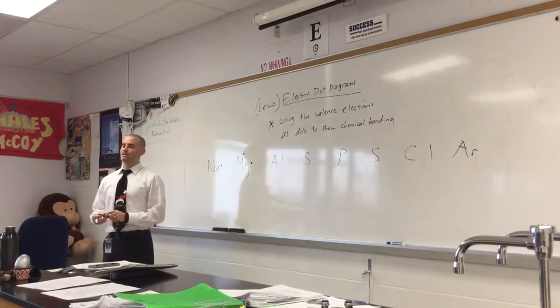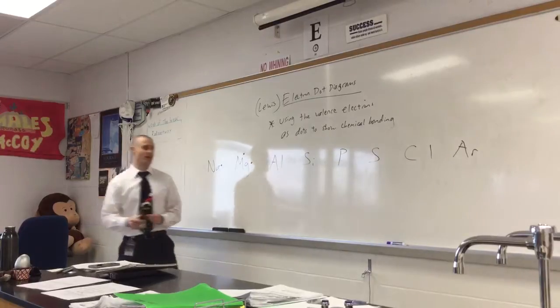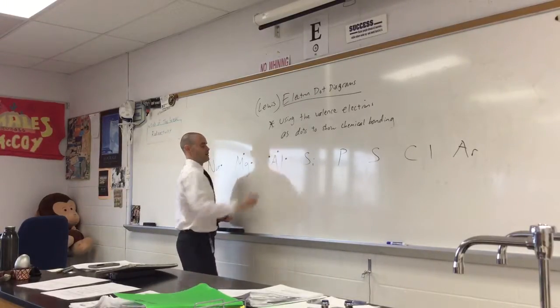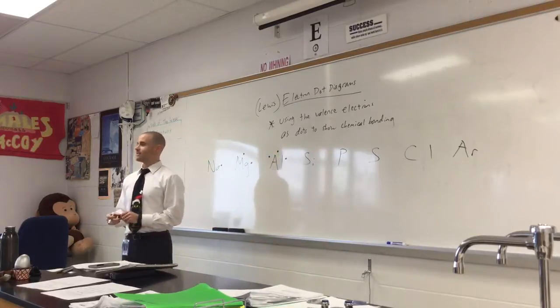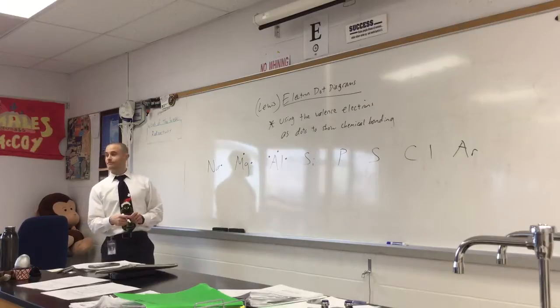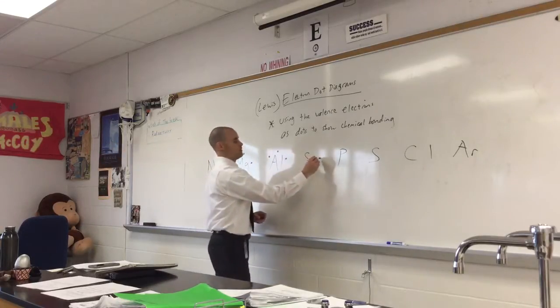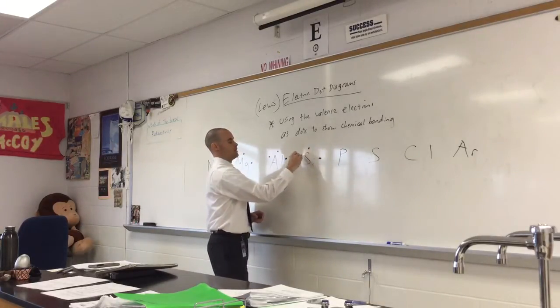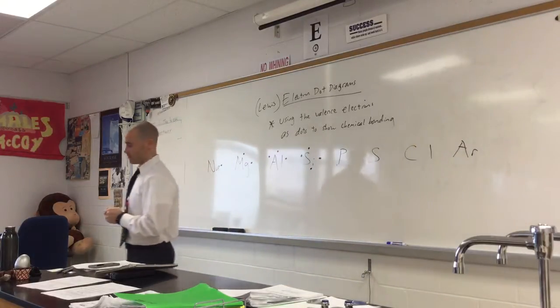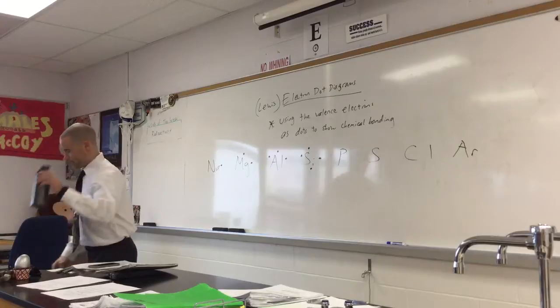How many dots does aluminum have? 3. 1, 2, 3. How many dots does Si have? 4. 1, 2, 3, 4. We'll pick up the rest of it tomorrow. But I'll give you a hint: it goes in order.